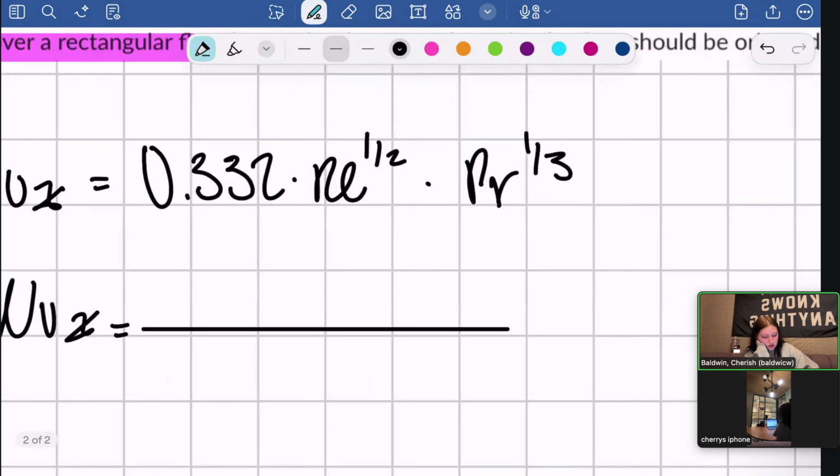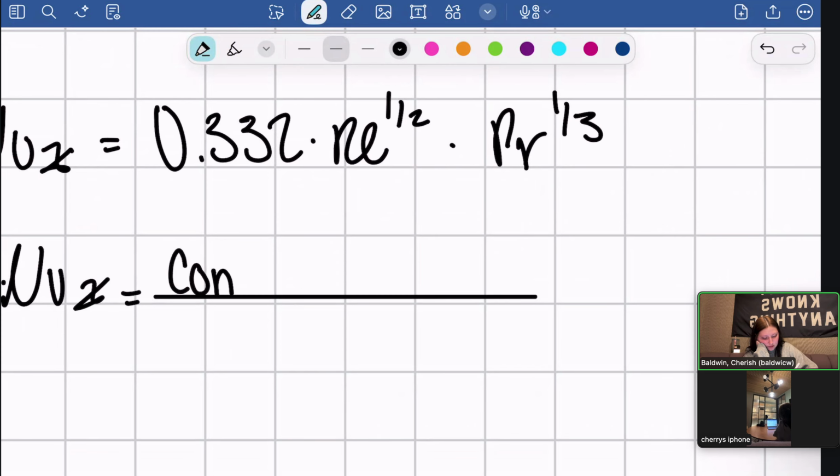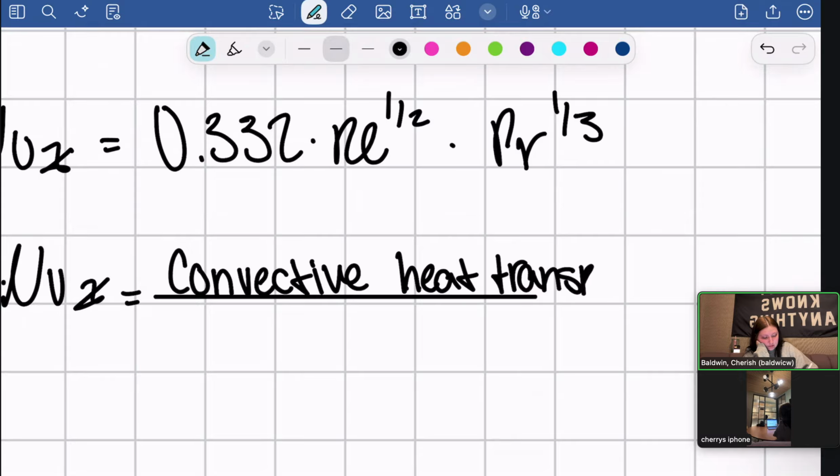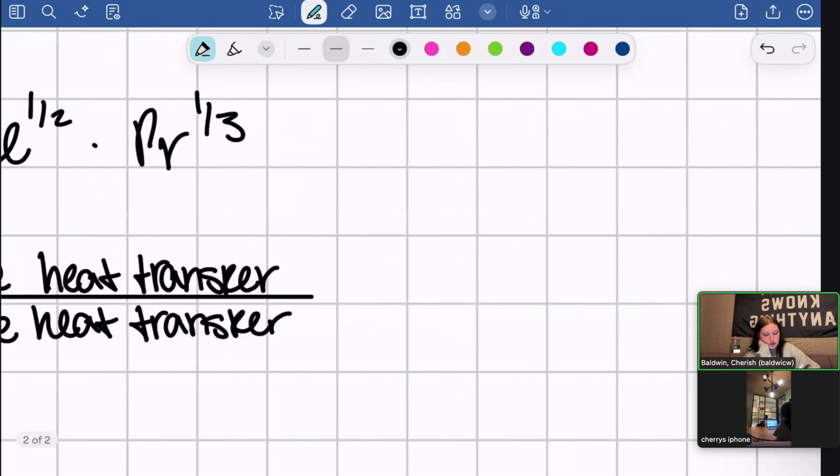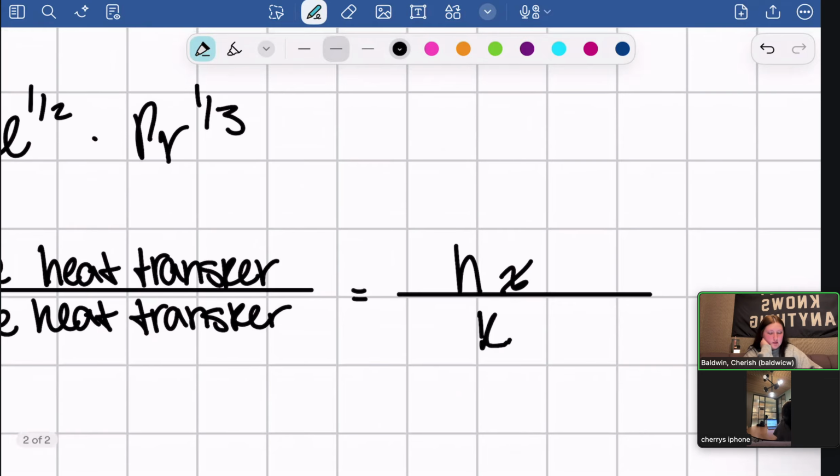Nusselt's number is convective heat transfer over conductive heat transfer, which translates to h times x over the thermal conductivity.